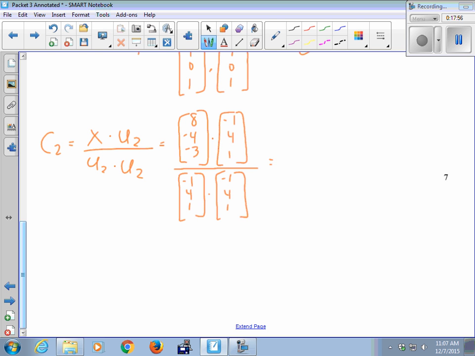So I get -8 minus 16 minus 3, which is -27, over 1 plus 16 plus 1 is 18, and that reduces to -3 halves. And one more, c3 is going to come out to 18 over 9, which is 2.